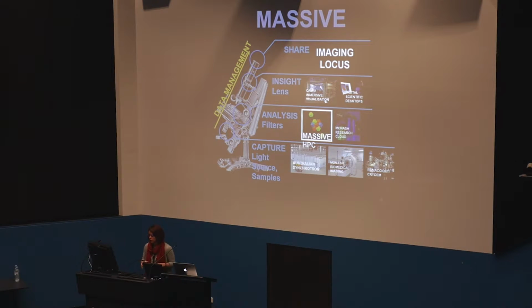We capture data from various sources, and in Massive we have M1, M2, M3, and also Monash, which you can see on the right hand side, the Monash Research Cloud, to provide researchers various tools to analyze the data.